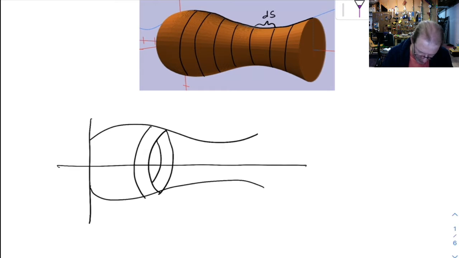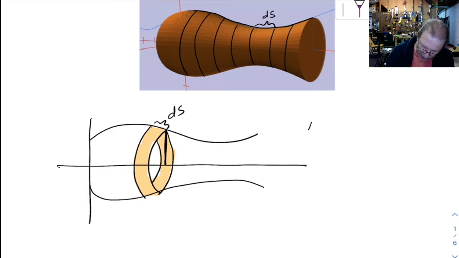So we get that, so we've got this band, and we need to come up with the area of this band. All right, so let's look at a couple of things. We've got the radius of the thing, and we've got ds here.